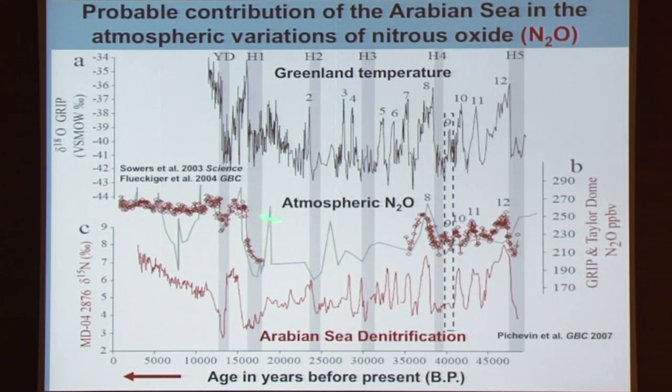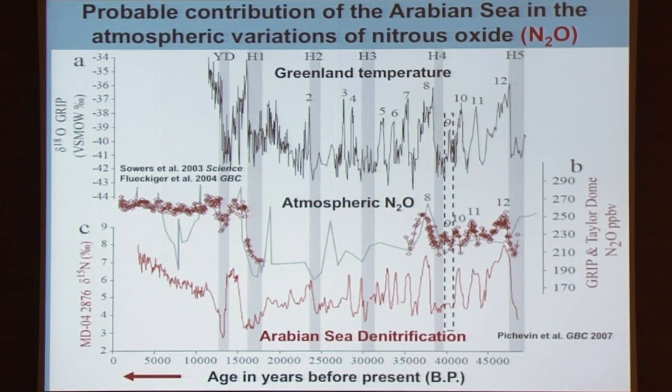It's possible to measure the concentration of atmospheric N2O, and here the graphic could be updated because there are even more data today, but clearly what we see in the Indian Ocean, the denitrification proxy, corresponds point by point. Here it's very clear that there is a very nice correlation.